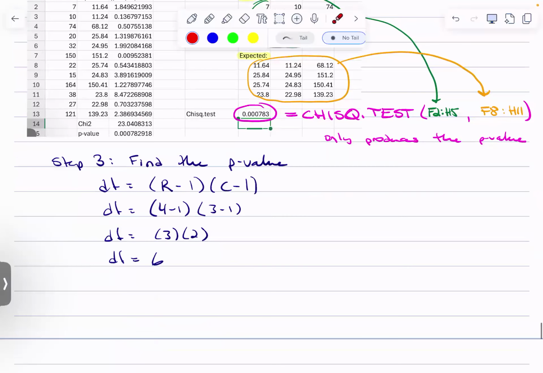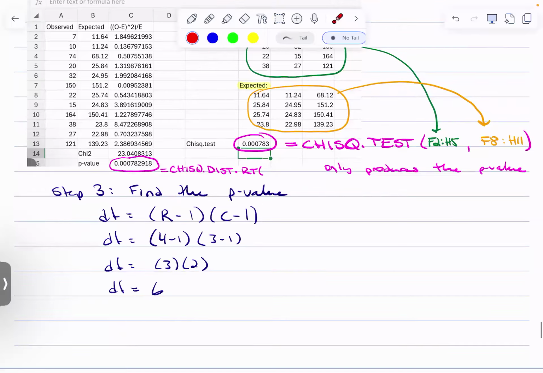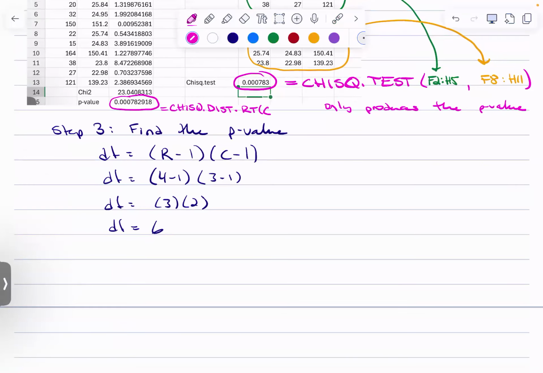So either way, we find that the p-value, and I should highlight that this one is using chi-squared dot dist dot right tail of the chi-squared that you found, which is in C14, and with 6 degrees of freedom from here.